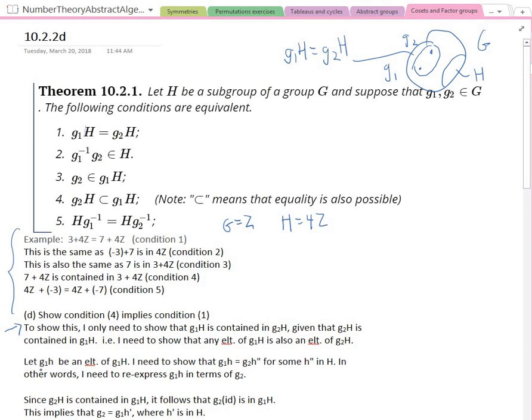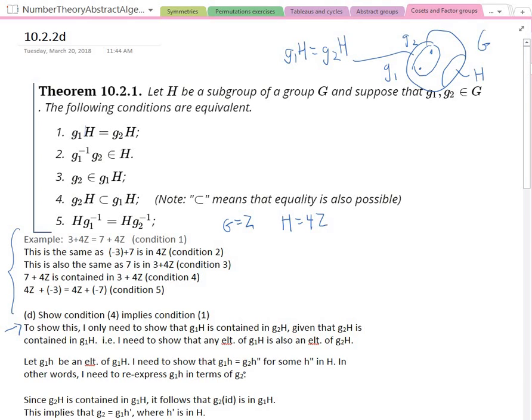So what I need to do is take any element G1h of the coset G1H, and I need to show that this G1h is equal to G2h'' for some h'' in H. That's the same thing as saying that G1h is in G2H, because every element of G2H can be expressed as G2 times some particular element of H. So that means I need to express G1h in terms of G2.